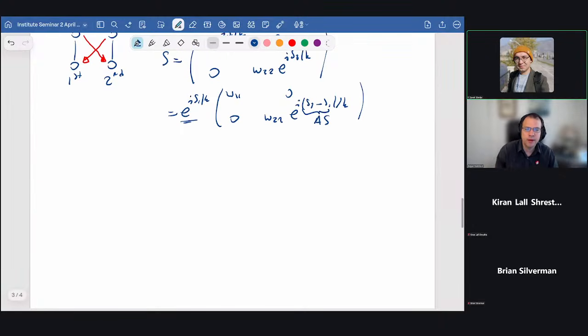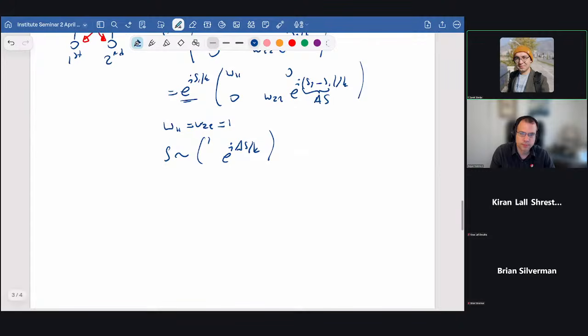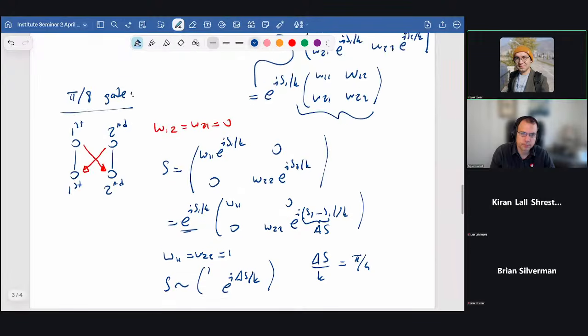And if we choose omega 1 and omega 2 as ones, then the S matrix corresponds to this. Then, if this term is equal to pi over 4, then we can encode the pi/8 gate.